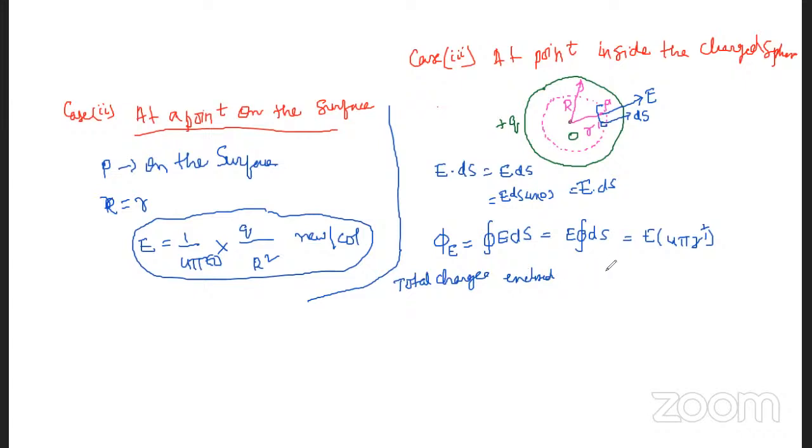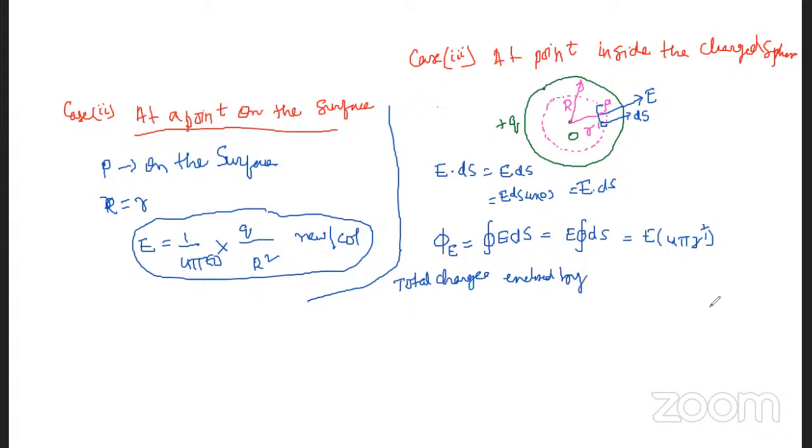Total charge enclosed by the Gaussian surface will be equal to the volume enclosed by it into the charge per unit volume.